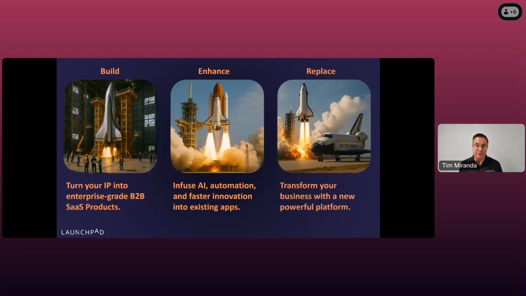And then finally, another way to think about it is to replace your existing platform, your code-based platform, with this new powerful Launchpad system. Today, we're going to focus primarily on the build and enhance aspects here, particularly around the user interfaces.